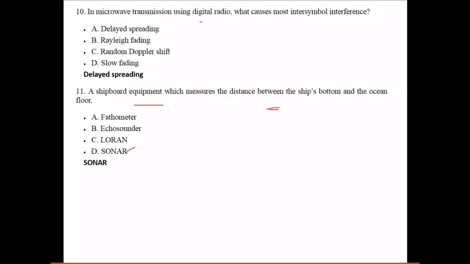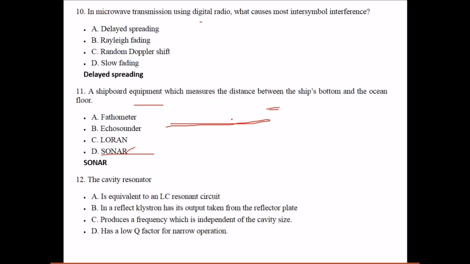It is sonar. Sound navigation and ranging. In this, sound waves are sent and received back, and depending upon the time taken, because we know the speed of sound, the distance can be computed easily.